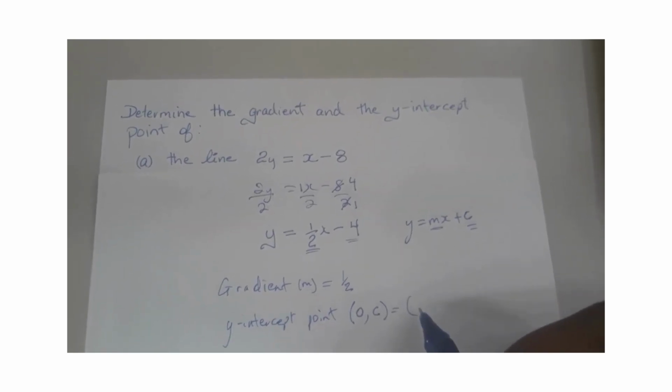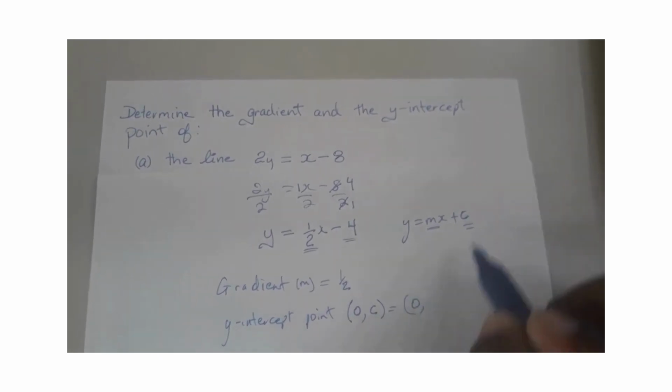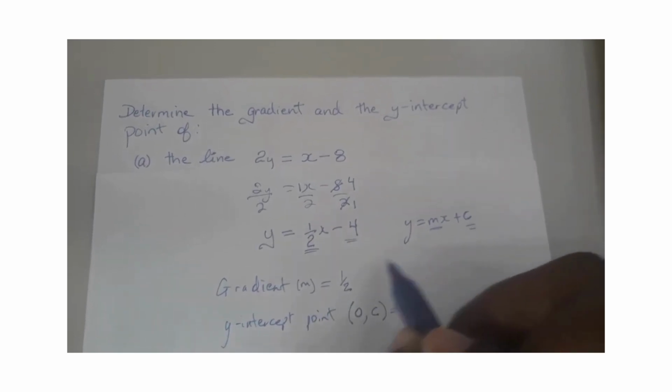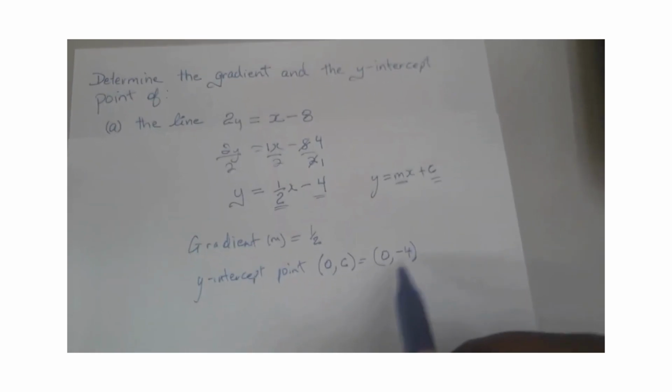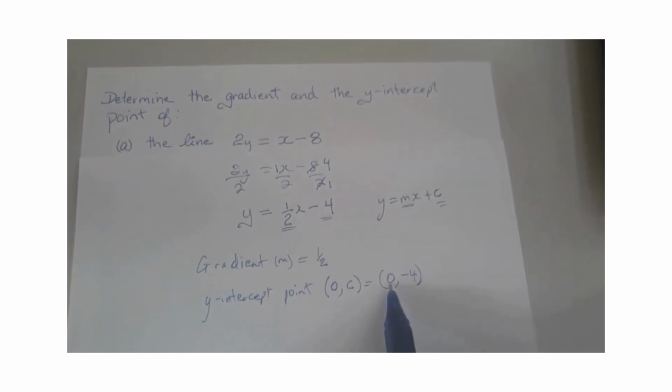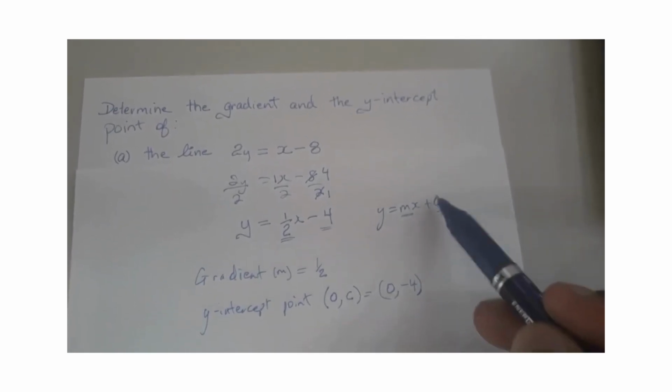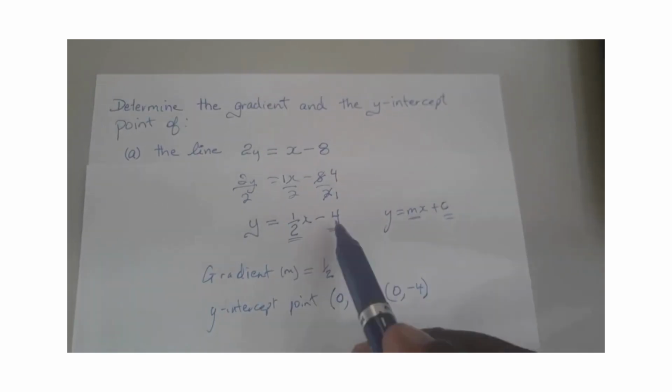So therefore it is 0, and the c value is negative 4. So this is our y-intercept point. Always start with 0, comma, and the c value, the y-intercept value, which is negative 4.